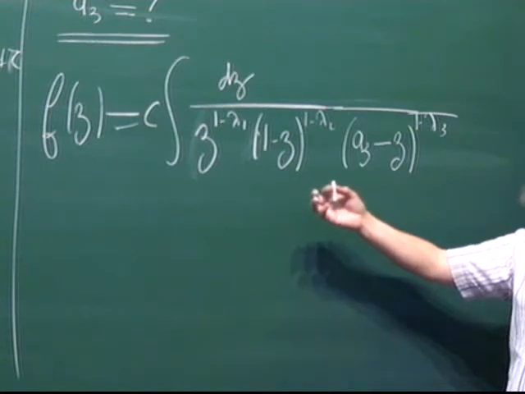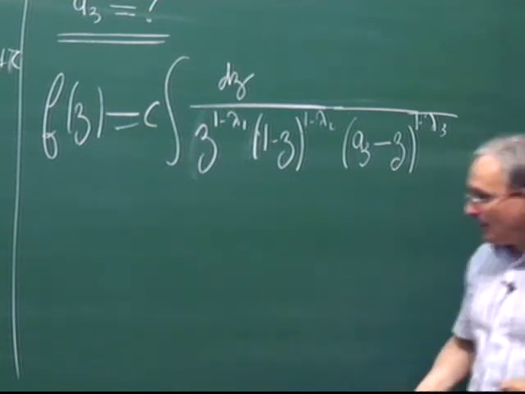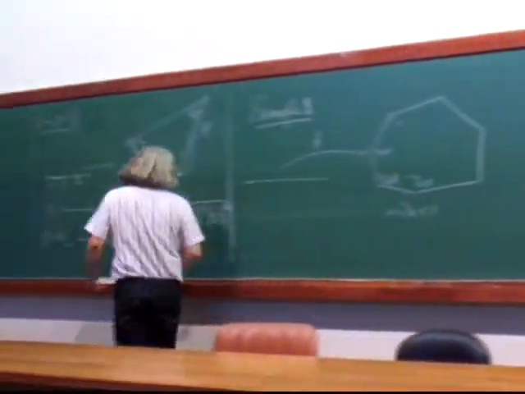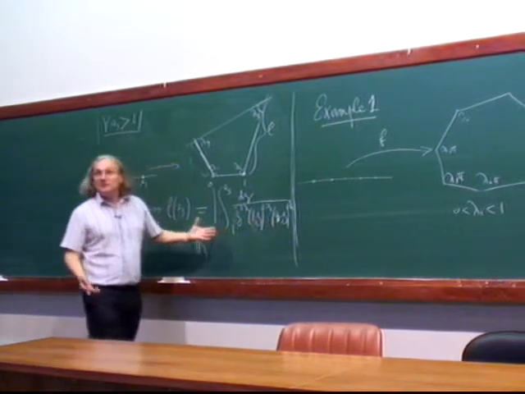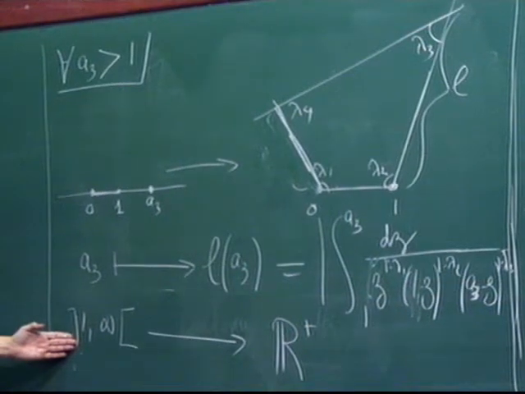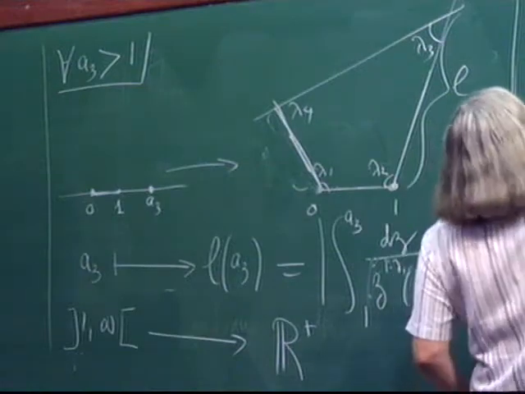And then if you can do that, you're done. Okay? Now, how can you prove that? Well, that's very easy, because this function, as a continuous function of A3, does extend continuously to the boundaries. So let me explain that better.